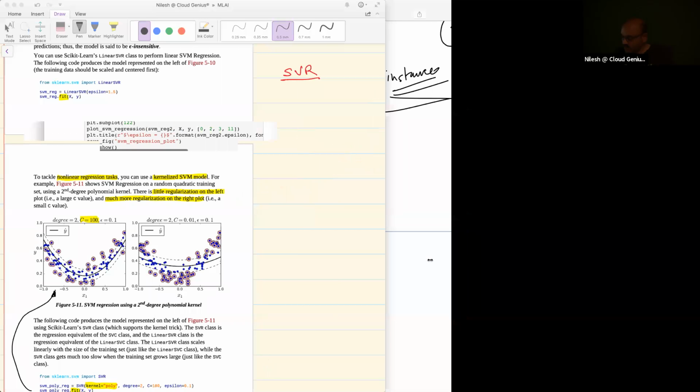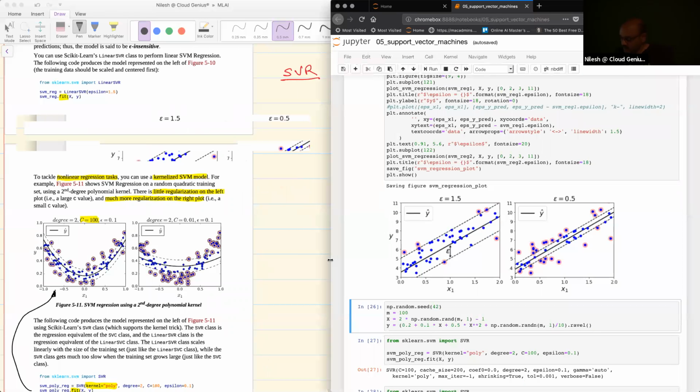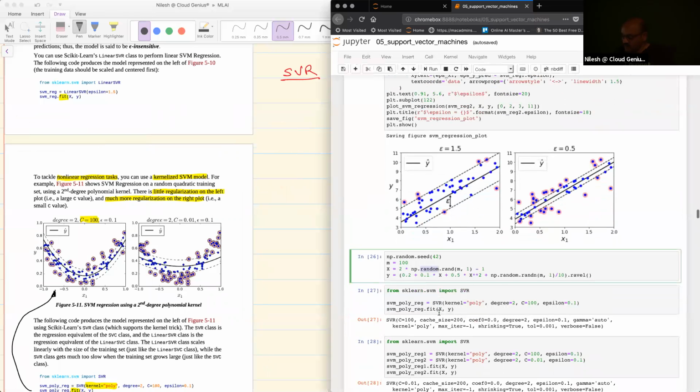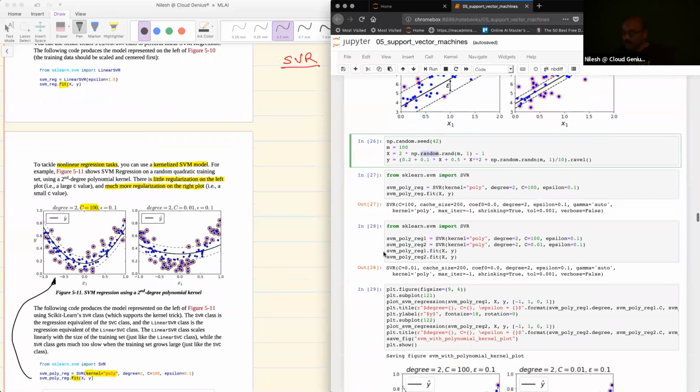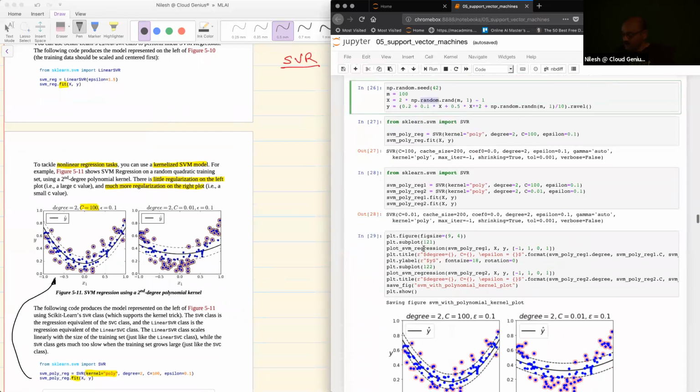And that is what we are going to run the code for. So let's go forward. I will, first of all, generate some random data set and use that random data set, which is by nature polynomial in its shape. And I'll describe what I mean by that right here.